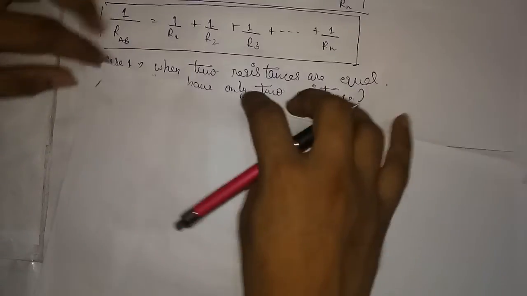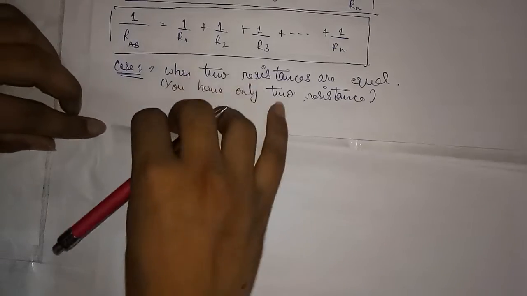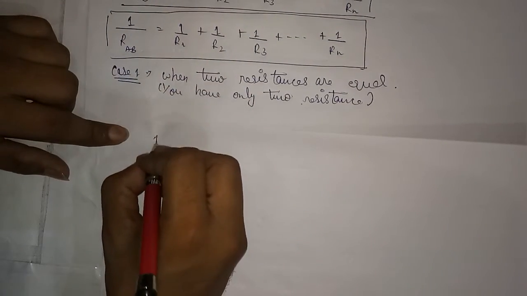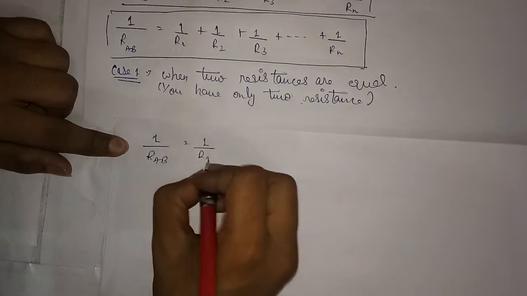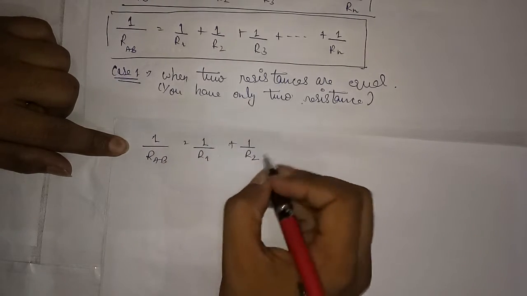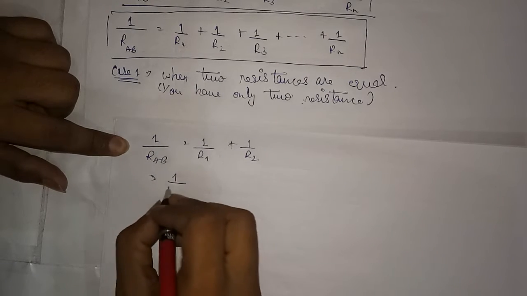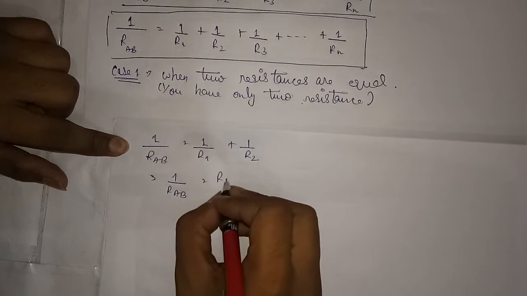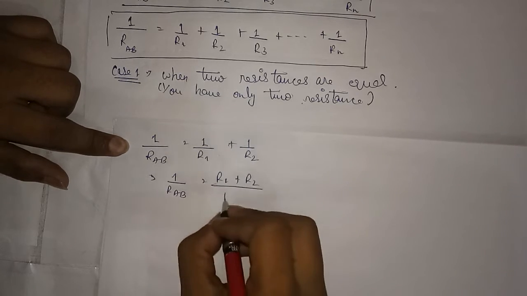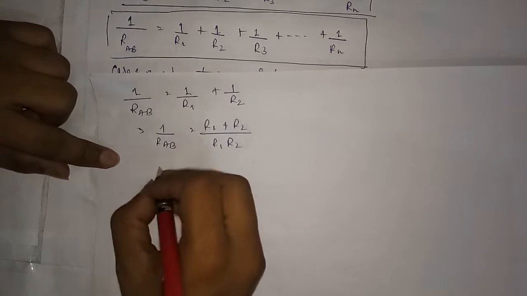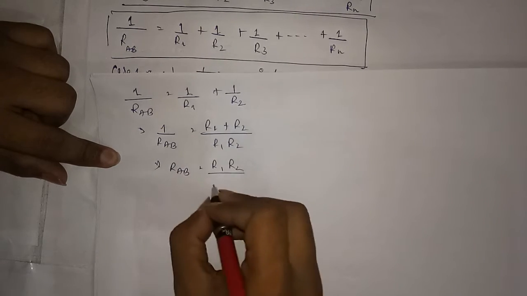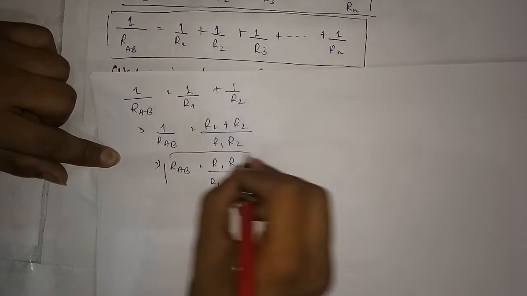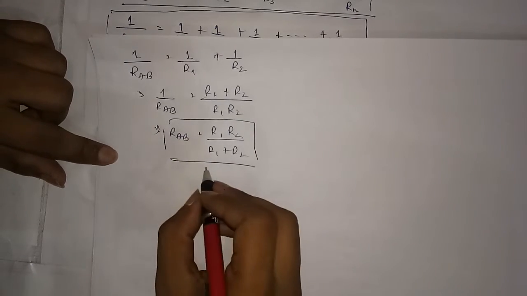So in this case our equation gets converted into 1 upon RAB is equal to 1 upon R1 plus 1 upon R2, implies 1 upon RAB is equal to R1 plus R2 upon R1 R2, implies RAB is equal to R1 R2 upon R1 plus R2. So this is the point to be remembered.